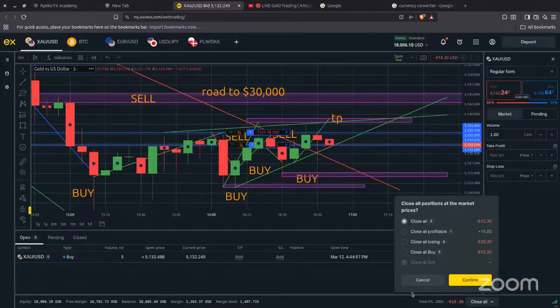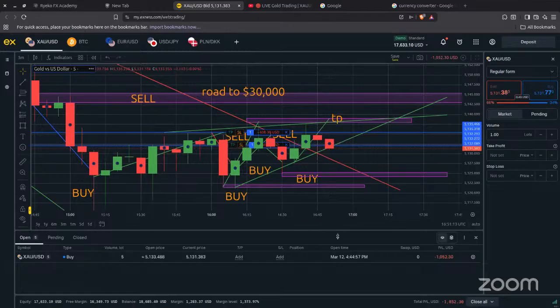I think you can use that 5. So this is our higher low.